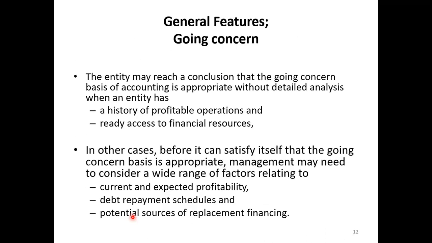The entity may reach a conclusion that the going concern basis of accounting is appropriate without a detailed analysis when an entity has historical profitable operations and ready access to financial resources, right?